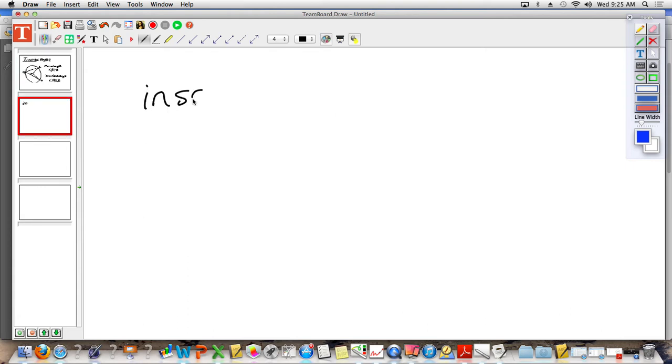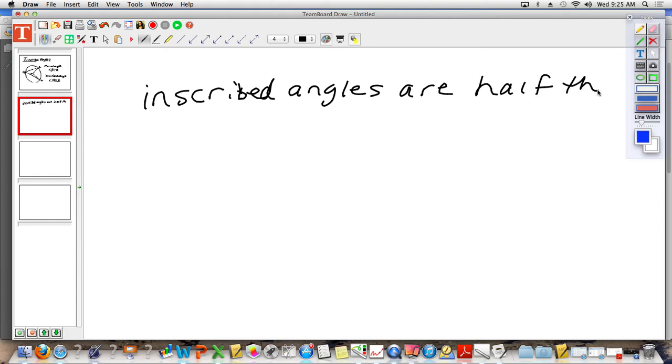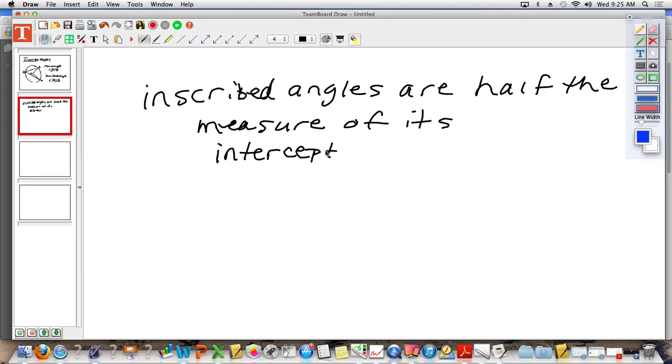Inscribed angles are half the measure of its intercepted arc.